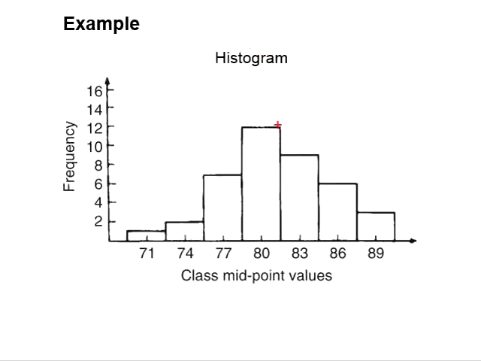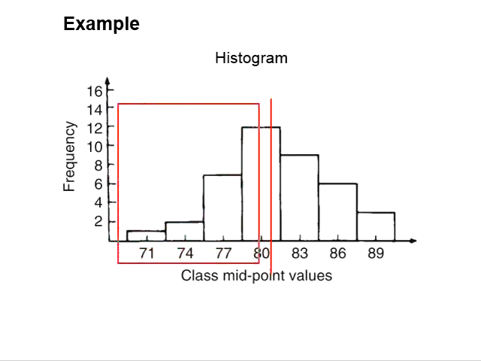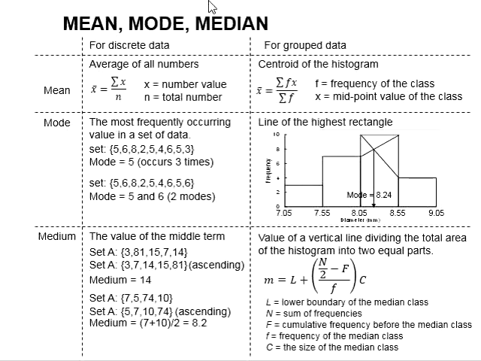It means that there will be a breaking line here where the areas on the left and the right will be equal. This is calculated by multiplying the f with the x and summing up all the fx of all the classes in the table.